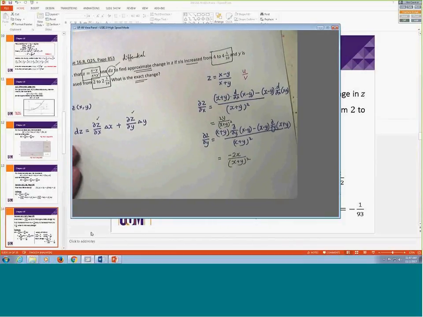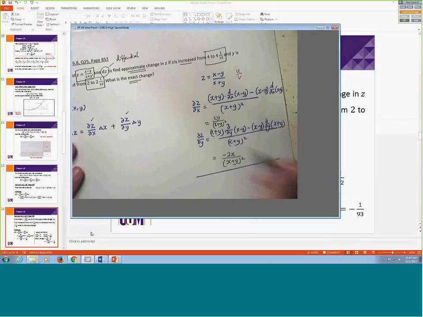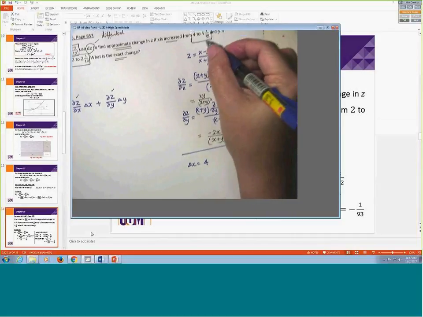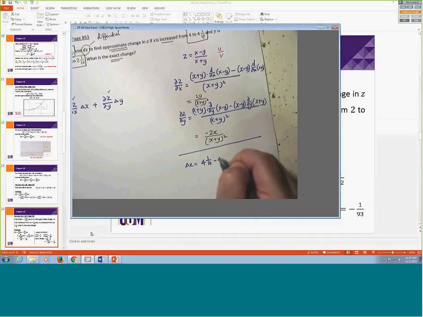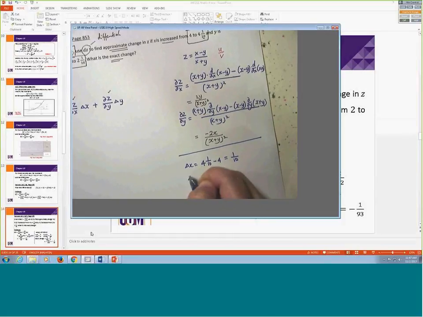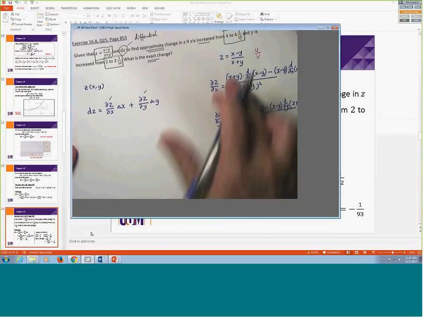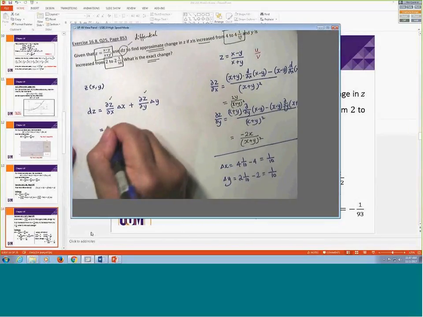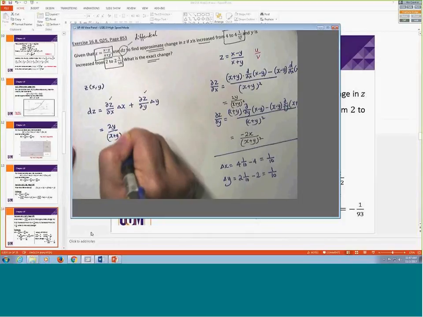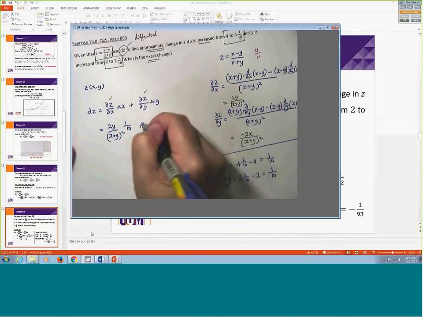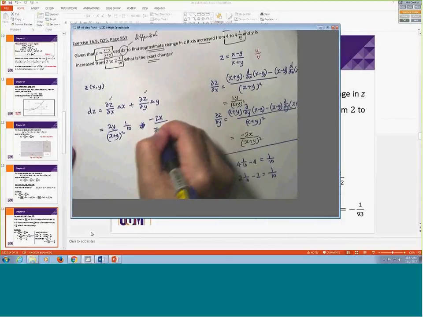So the delta x will be the change, 4.1 minus 4, and delta y is 2.1 minus 2, we get 0.1. So substitute all this into the dz: 2y over (x plus y) squared times 1 over 10, plus negative 2x over (x plus y) squared, delta y is 1 over 10.